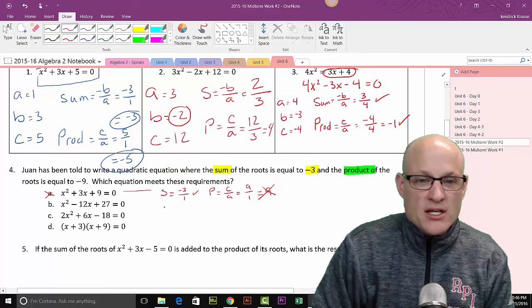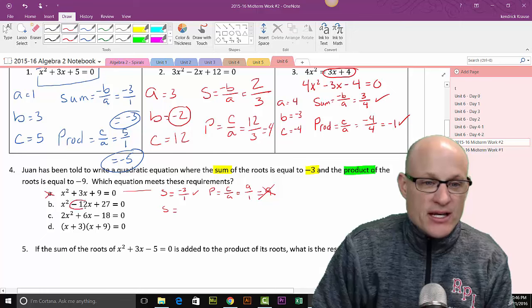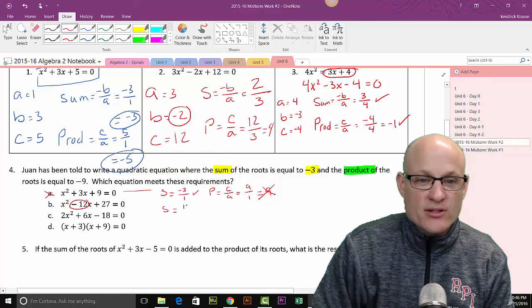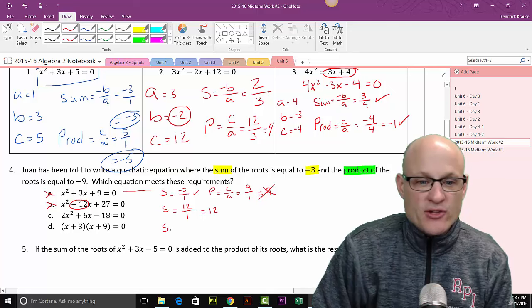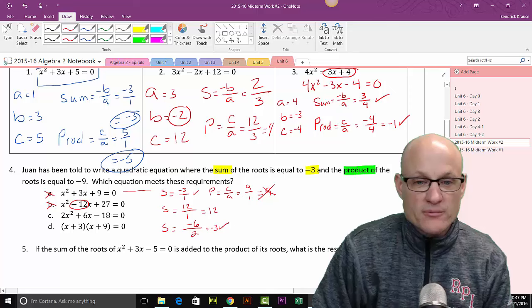Now let's try 2. The sum is equal to negative. Notice b is -12, so I'm going to do +12 over a, which is 1, and that's 12. Well, I want -3, so that doesn't work. Let's try c. The sum is equal to -b, so that would be -6 over a, which is 2, and that equals -3, so that works.